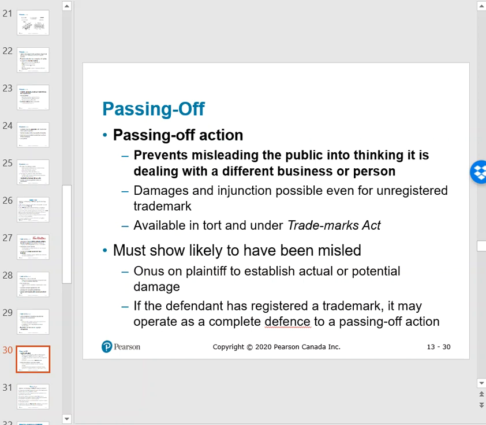Passing off tort would then be useful for brands, names that are famous, that are relevant in business, and are being used by others without the owner's authorization, and that are not registered as a trademark. Okay? Then you use the tort for passing off.